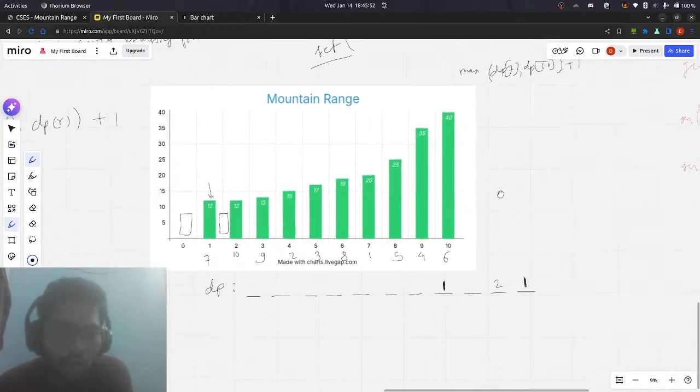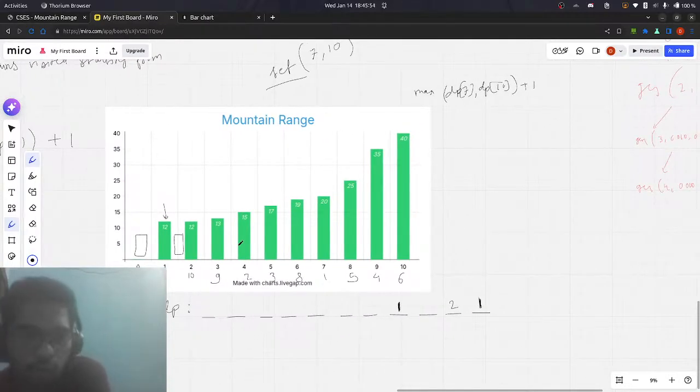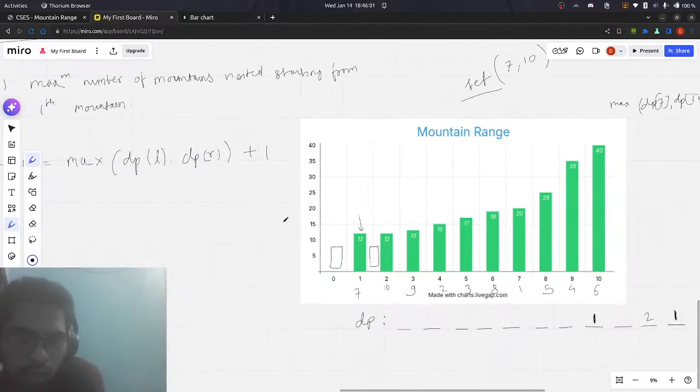Now I'm at 15. From 15, is it possible to go to 13? Can I go to 13 from 15?